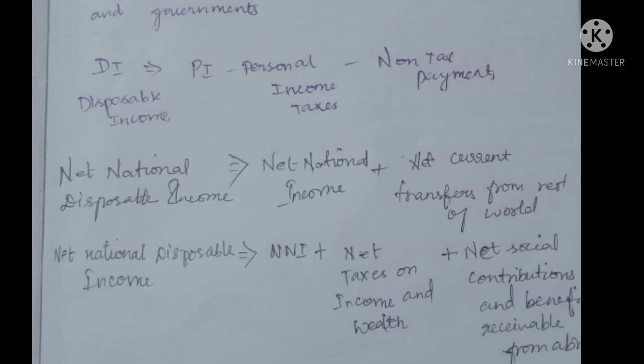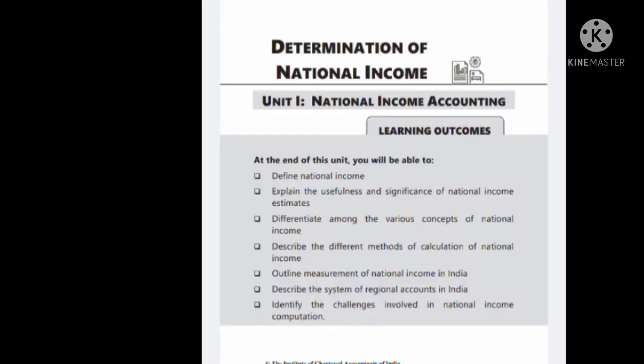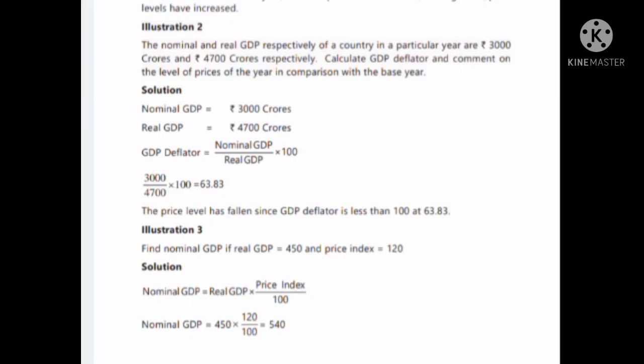The first one is to add net national income and net current transfer from rest of the world, and the second formula is to add net national income with net tax on income and wealth and net social contribution and benefits receivable from abroad. Now let's discuss some illustration sums which were discussed in our study materials. Illustration 2.